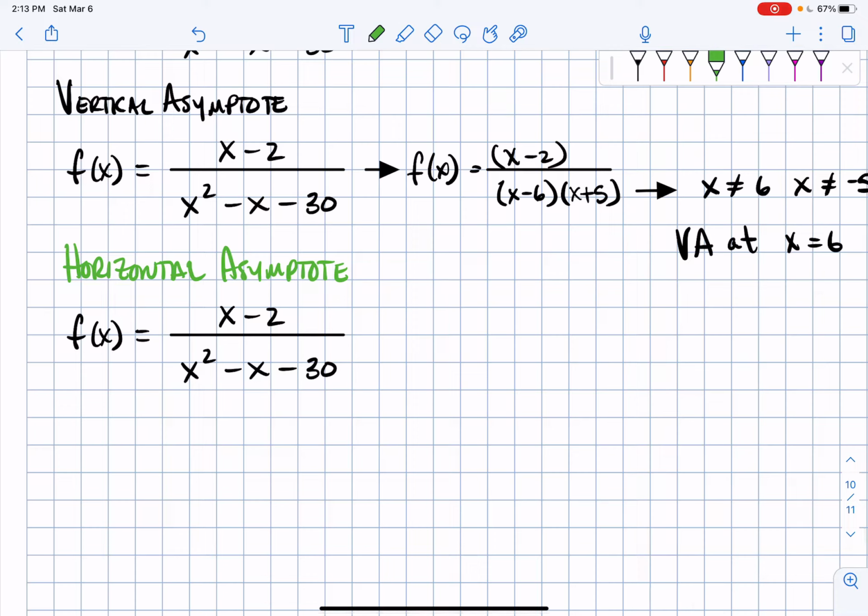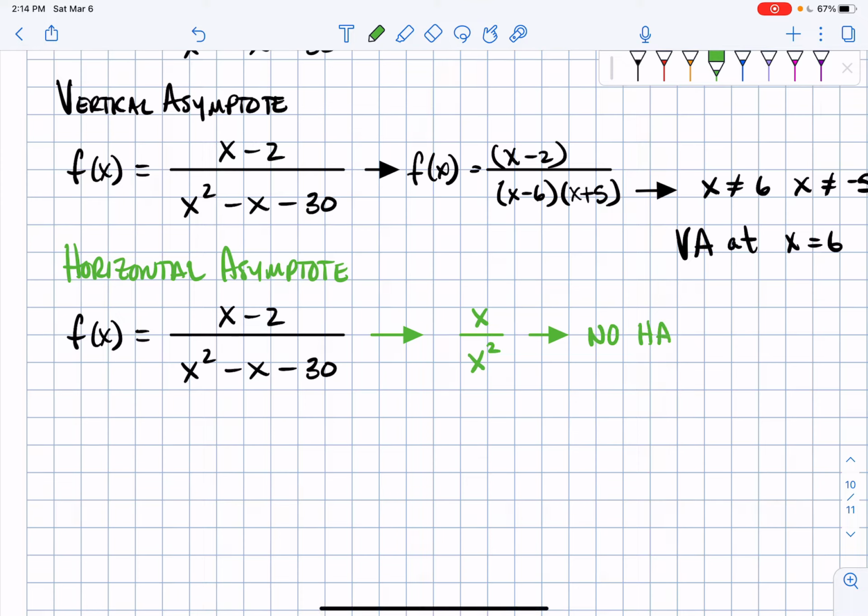Okay, so I'm comparing the highest power on top with the highest power on the bottom. And since the power on top is smaller than the power on the bottom, that tells me that there is going to be no horizontal asymptote.